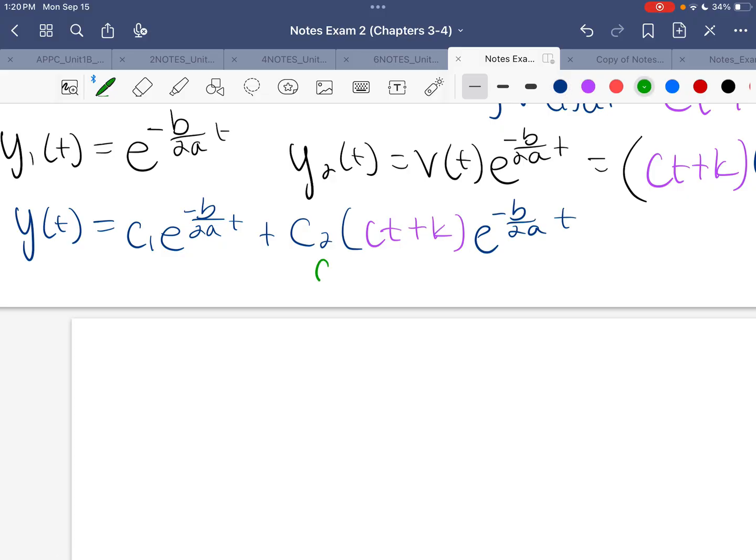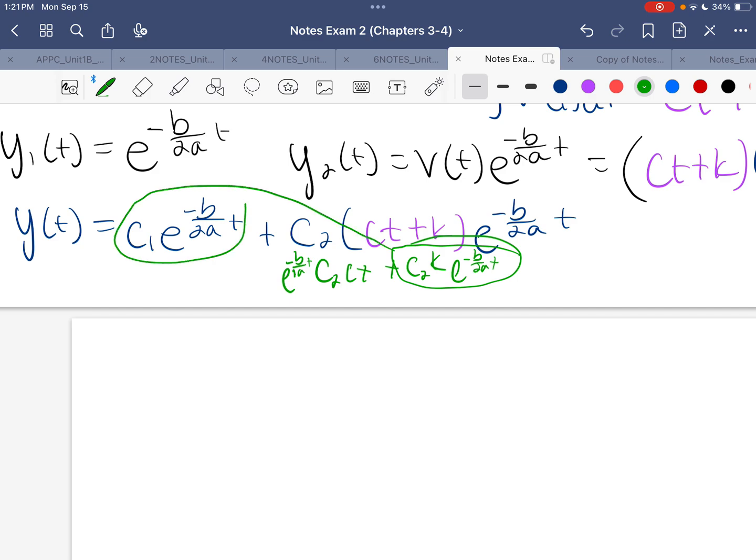We're going to have c2 c t plus c2 k times e to the negative b over 2a t and e to the negative b over 2a t. Well, this term here is just a constant times e to the negative b over 2a t, so this can be absorbed into here.